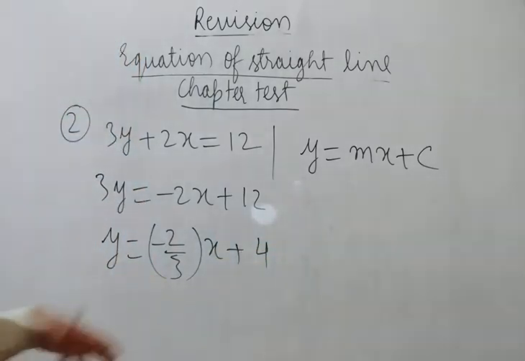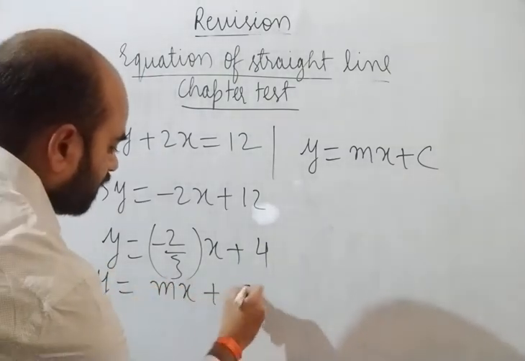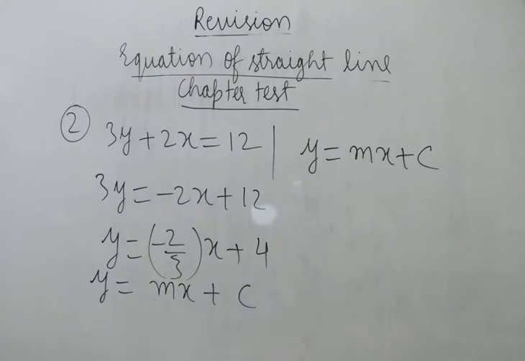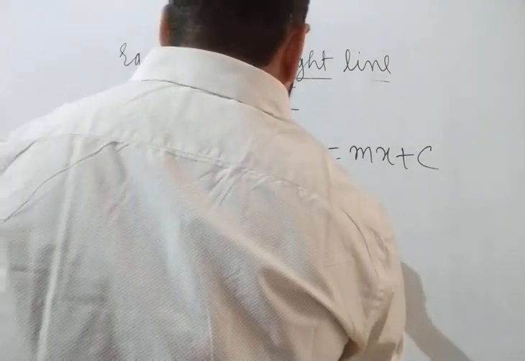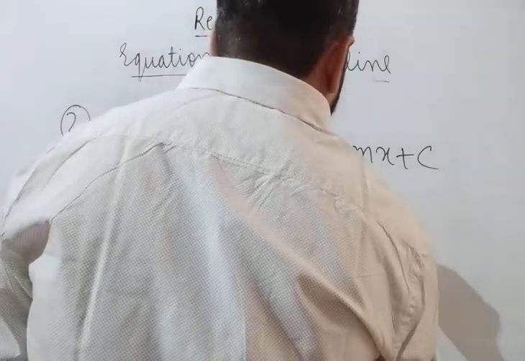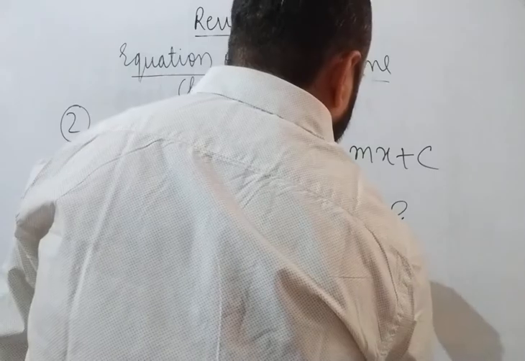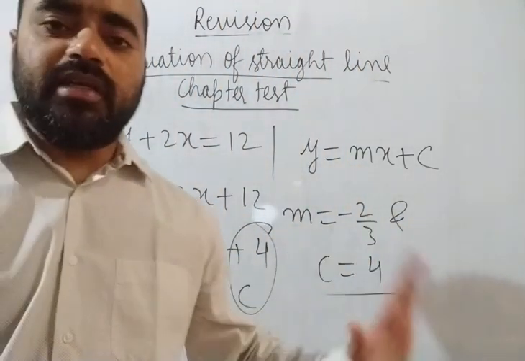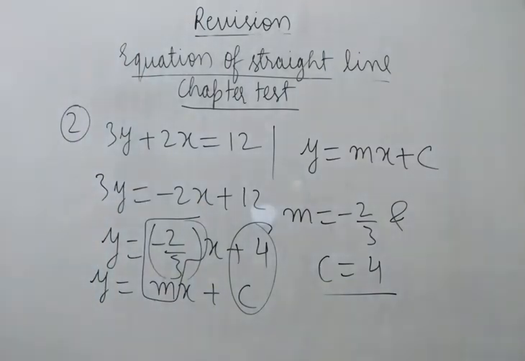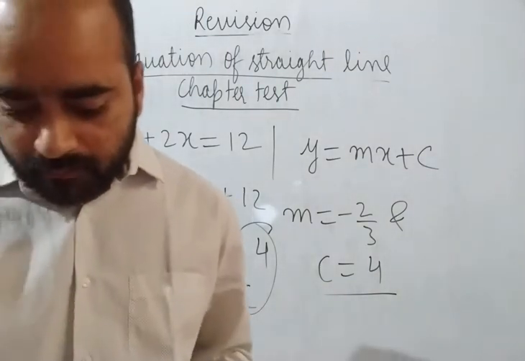So now this is the equation in the form y is equal to mx plus c. Correct? Now you can compare. Coefficient of x will be m. So m is minus 2 by 3 and the constant term is the y-intercept, so y-intercept is 4 and slope or gradient is minus 2 upon 3. Now next question is question number 5.